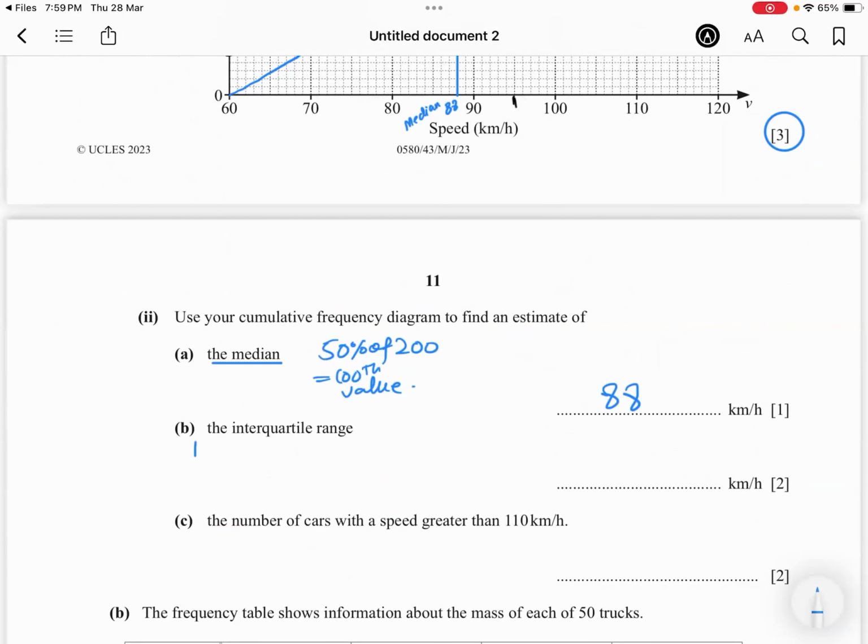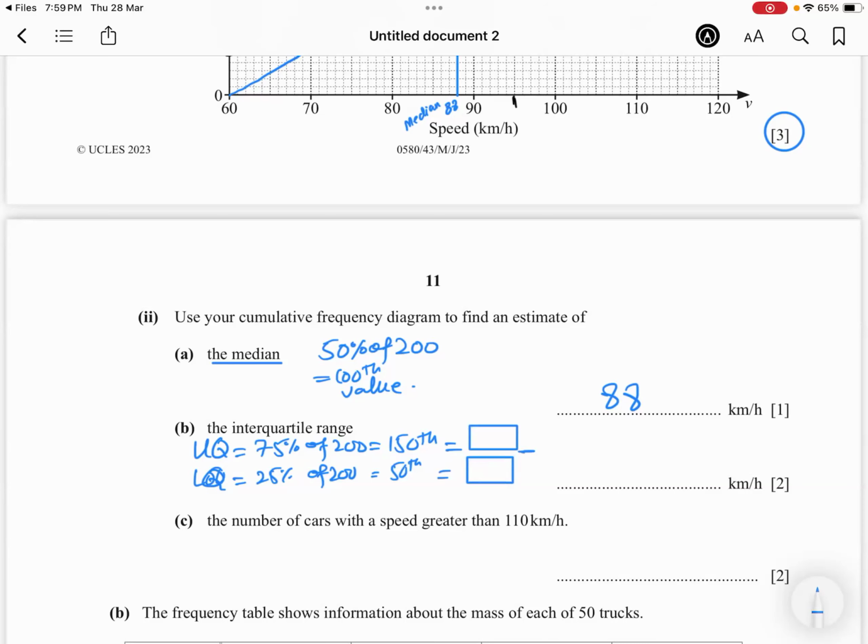Interquartile range is upper quartile minus lower quartile. Upper quartile is 75% of 200, which is the 150th value. And lower quartile would be 25% of 200, which is the 50th value. Let's check both of them and then we'll subtract because it is interquartile range. Got it?